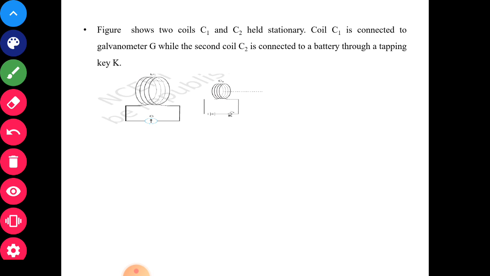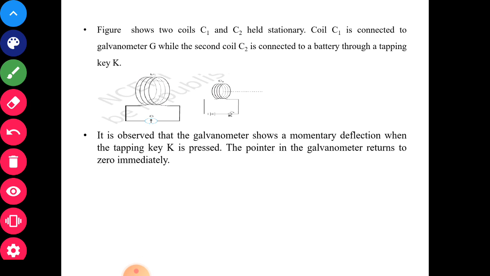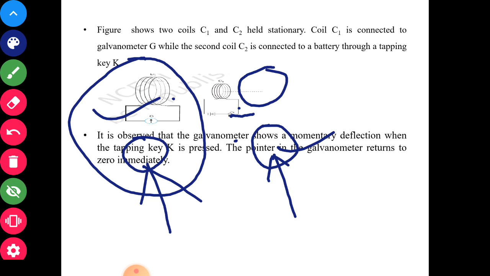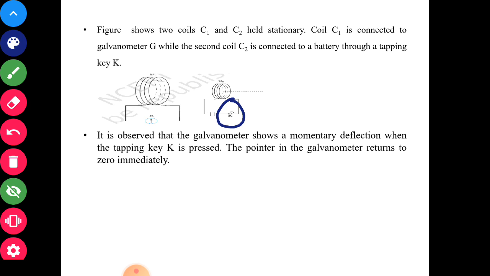It is observed that the galvanometer shows a momentary deflection when the tapping key K, which I have shown here, is pressed. The pointer in the galvanometer returns to 0 immediately. For a moment you see this deflection.